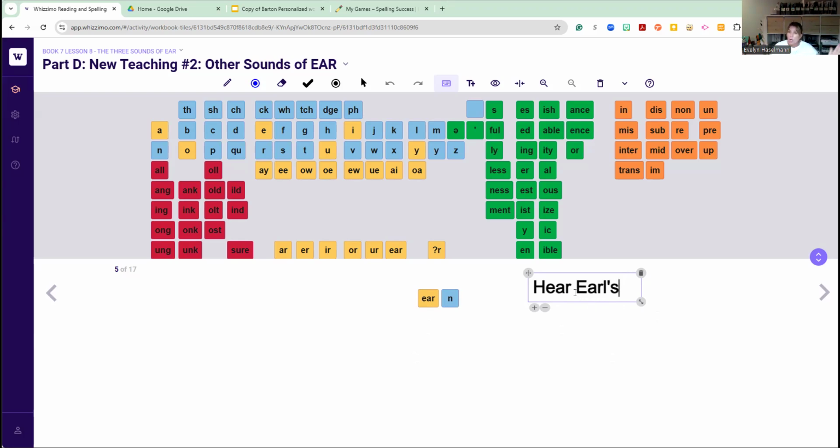So now we've got earn. We would try earn, not a word, earn. Smear, that's the ear sound. Pearl, that would be your second choice. Now we go to our third thing that we found, which is bear.